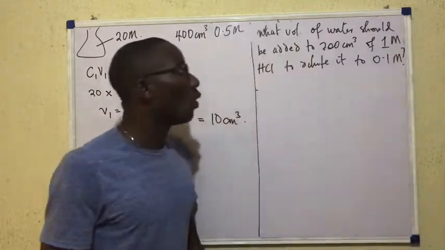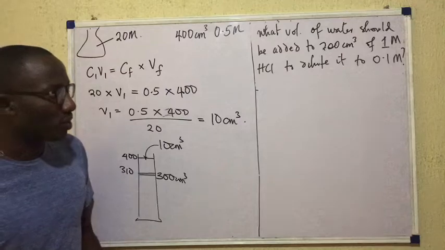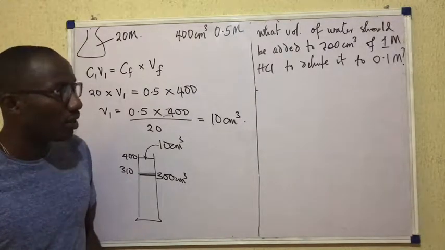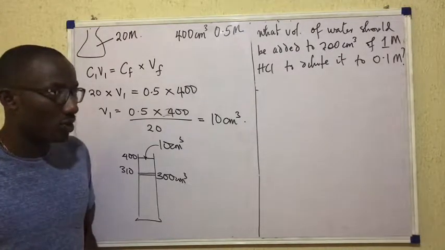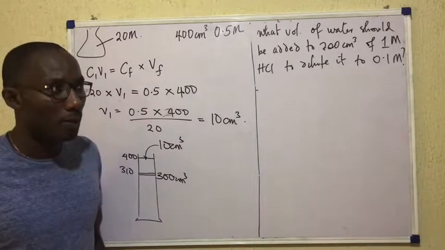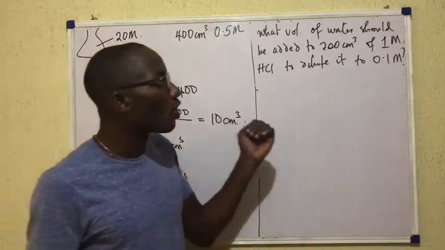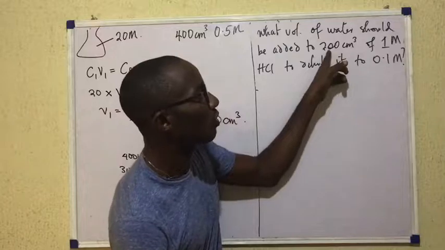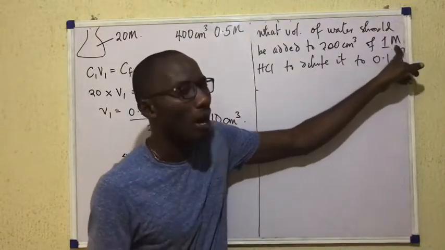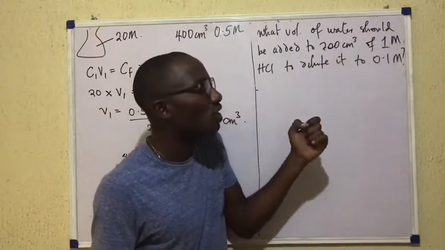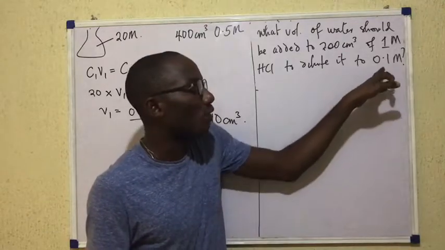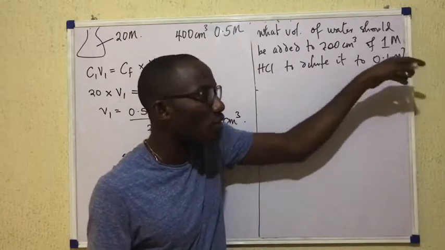That's the question. What volume of water should be added to 200 cm³ of 1 molar HCl in order to dilute it to 0.1 molar? Which means currently what we have is 200 cm³ of 1 molar, and our intention is to dilute it so that the concentration becomes 0.1.